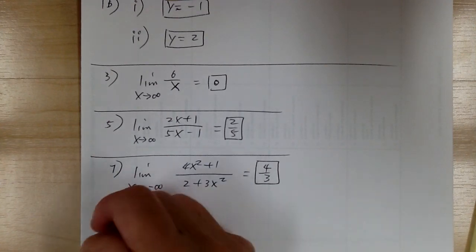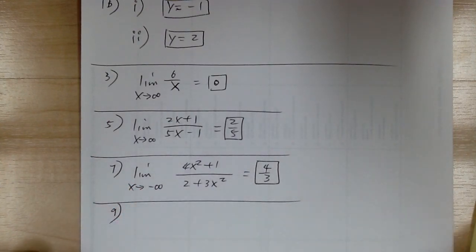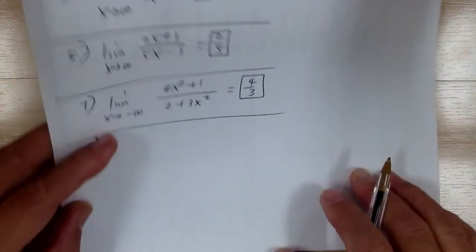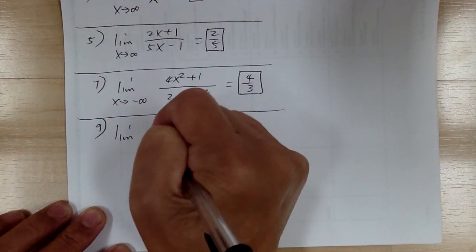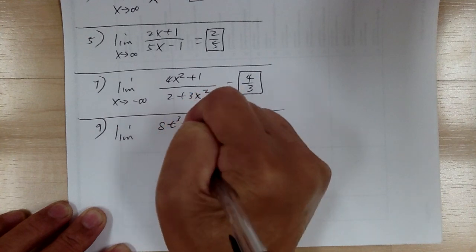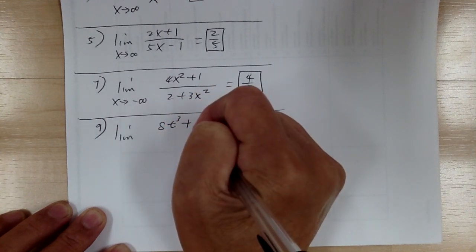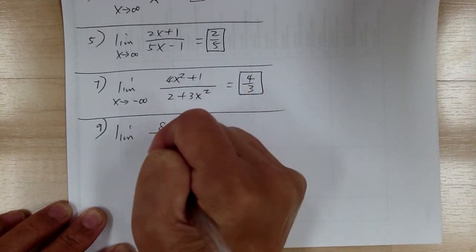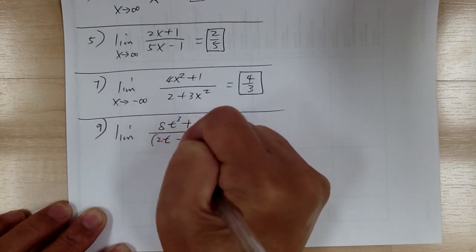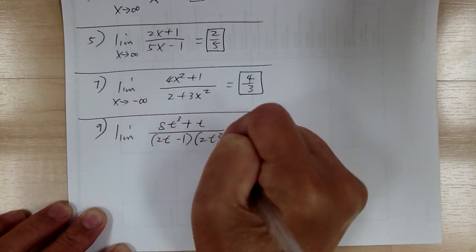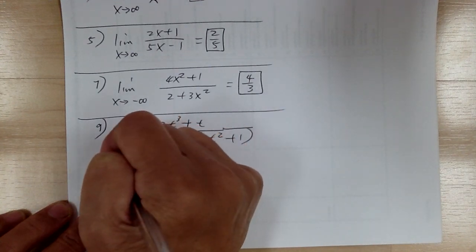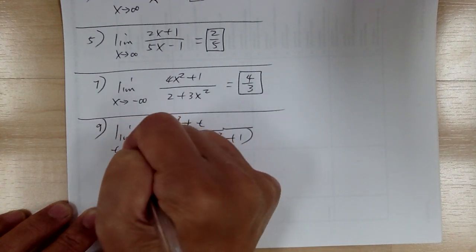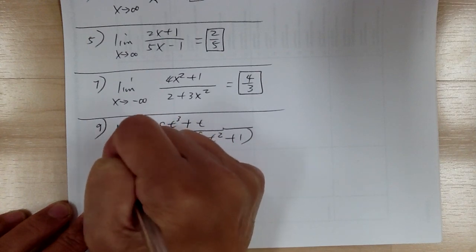Okay, let's go to number 9. Looking for the limit of 8t cubed plus t over 2t minus 1 times 2t squared plus 1, when t approaches infinity.